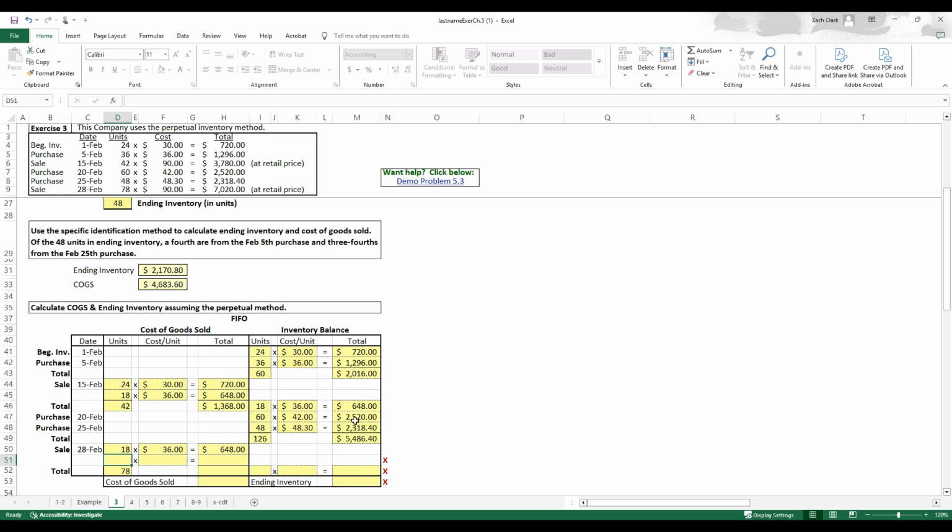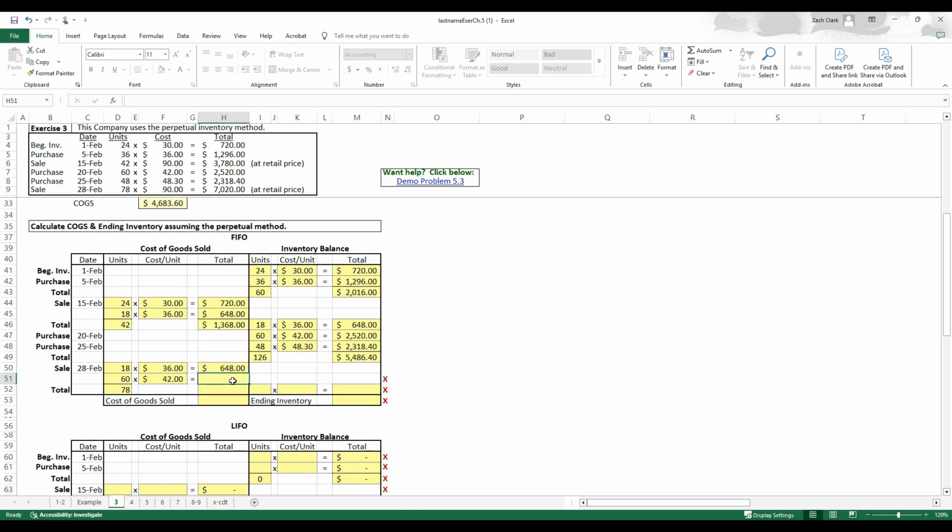And then we've got 60 units here that we need to get us to equal the 78. And we've got exactly 60 units in this layer here. So we're going to completely sell off that layer. So the cost of goods sold on the second, this February 28th transaction, was $3,168.